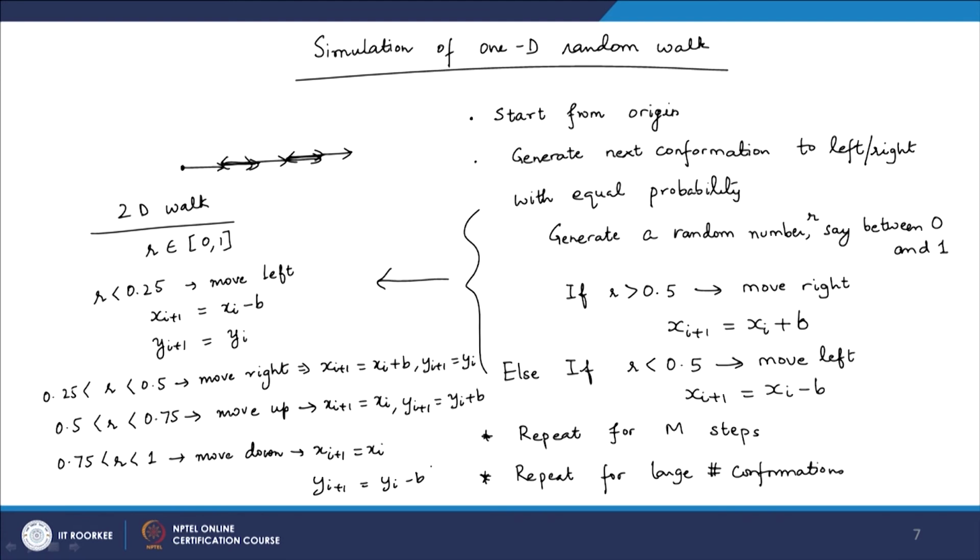There is a small detail here that of course r can take a value of 0.5 in this case. That will not really make much difference here, but it has to be r greater than or equal to here. Similarly, we can put greater than or equal to signs at these intervals, depending also on your generator for the random number, but that will not really make much difference because r is a floating variable that is changing in a continuous way from 0 to 1.